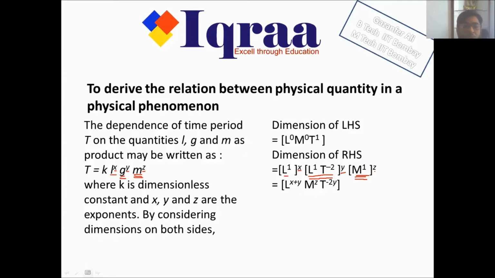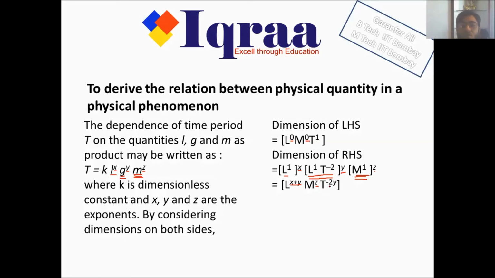Now if we compare the left hand side dimensions with the right hand side dimensions, here the power of length is x plus y, and here the power of length is 0. So x plus y is equal to 0. Here the power of m is z, and here the power of m is 0. So z is 0.